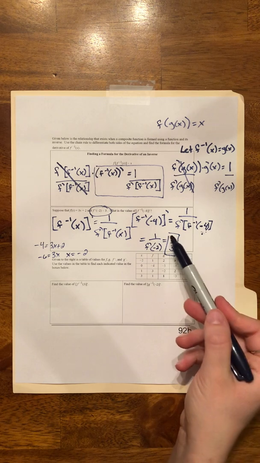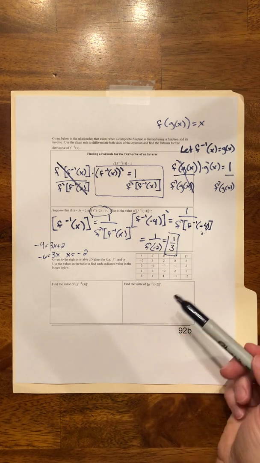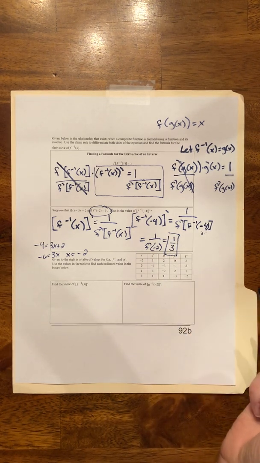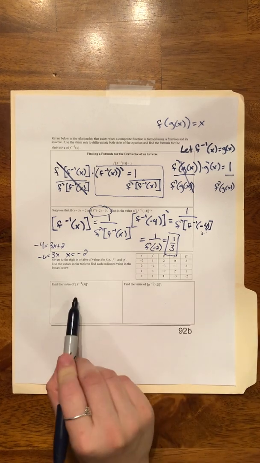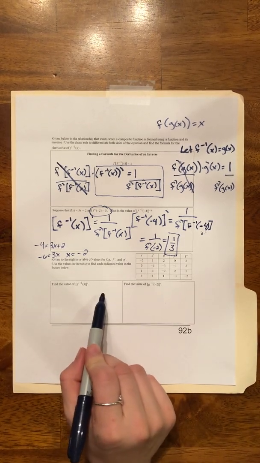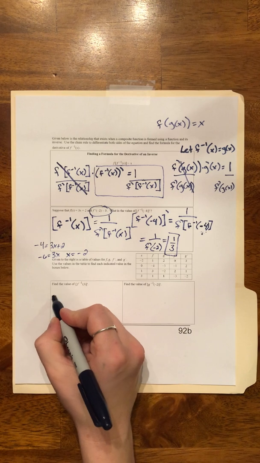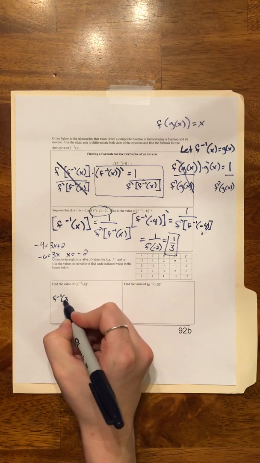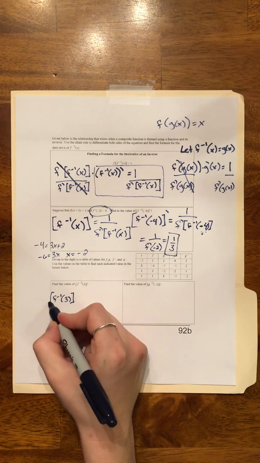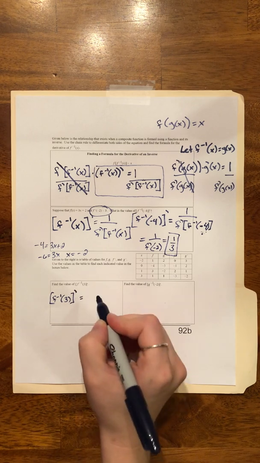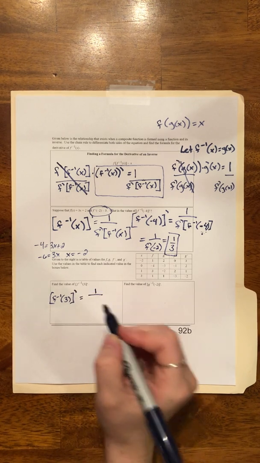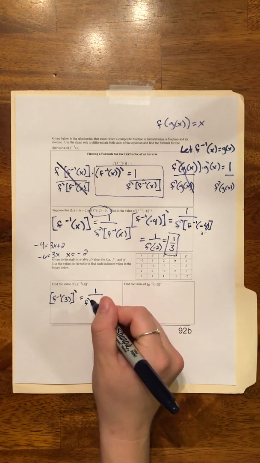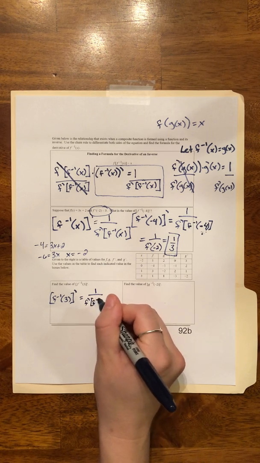Woo! And then we had algebra, and now you're waiting for it. We have a table. Yay! Everybody's cheering. And so in this one, I've got f inverse of 3. And so what I want to do, if I've got f inverse, and I want to find the derivative, I know it's going to be 1 over f prime of f inverse of 3.